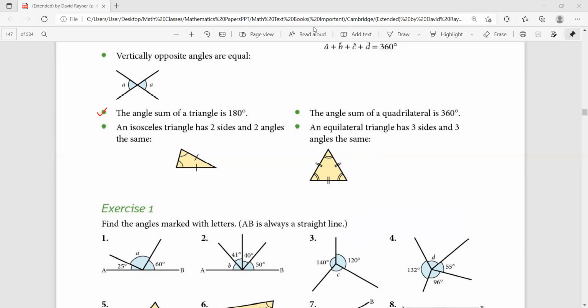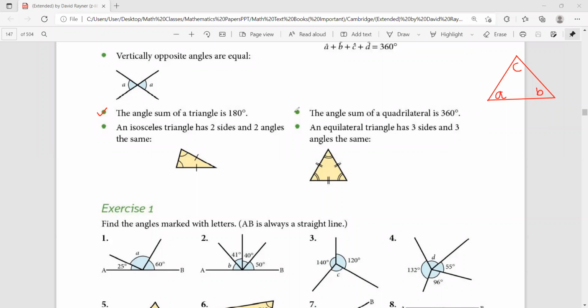In other words, the sum of the interior angles of a triangle adds up to 180. If I draw a triangle and label the three inside angles A, B, C, then A plus B plus C gives 180.